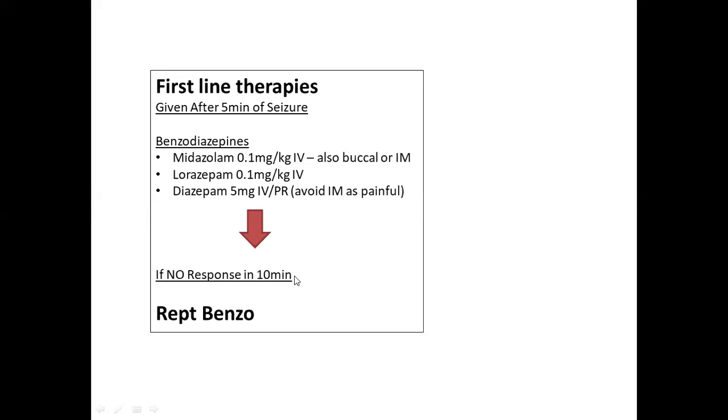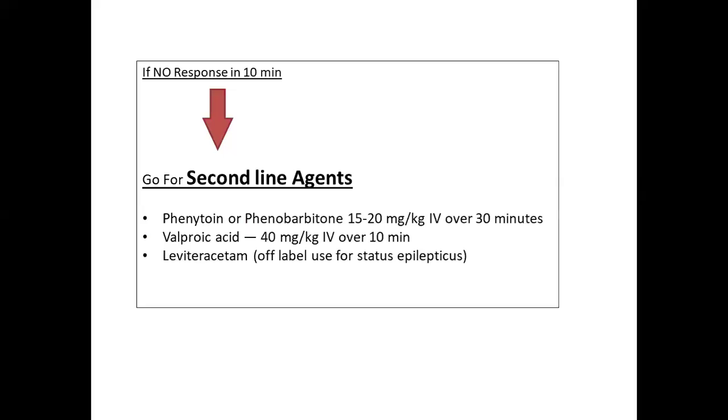If the patient has no response, repeat the benzo. After the second benzo, wait for another 10 minutes. If there is no response, we come to the second line medications, right?